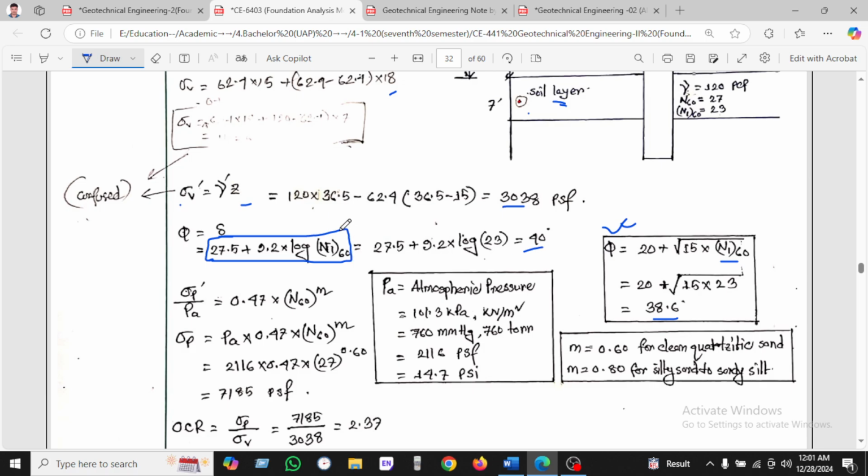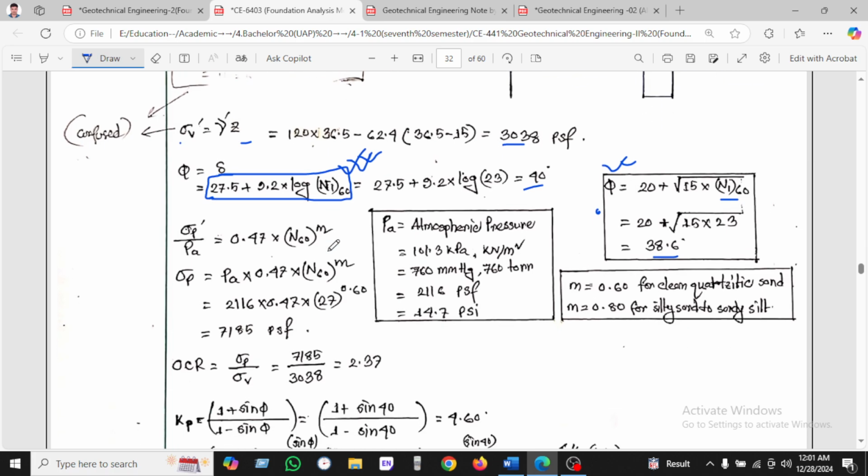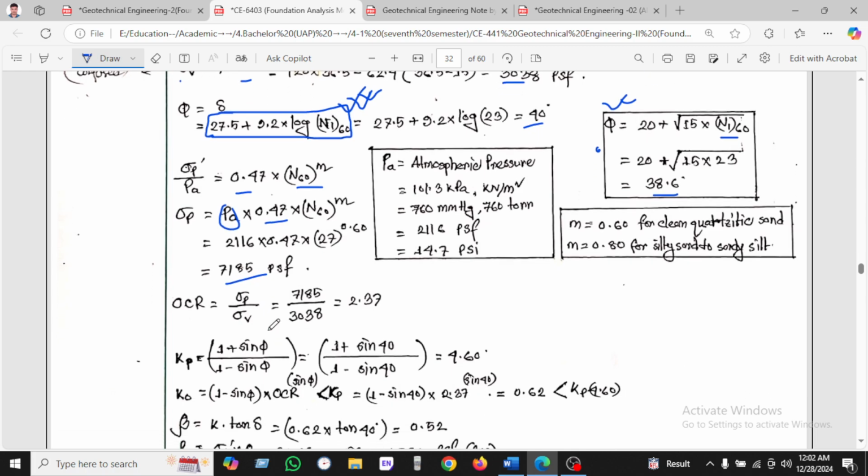But this is not valid; I have not shown it, but this value is found in ACI 318 and BNBC and other guidelines. Okay, so you can see sigma P divided by Pa equal to 0.40 and N160. So P is taken here, so 0.40 and N160, and putting all these values and found 7100.